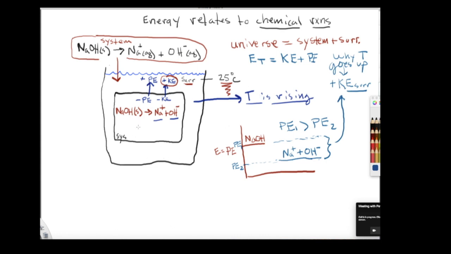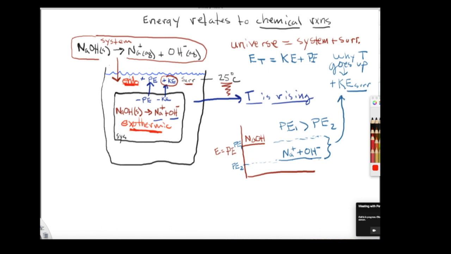All right, for this process, for the system, just to piggyback on this stuff, this is what we call an exothermic reaction. And exothermic reactions have reactants that are always higher in potential energy than the products. Exothermic means that the energy moved from the system to the surroundings. So out here in the surroundings, this process was endothermic for the surroundings.